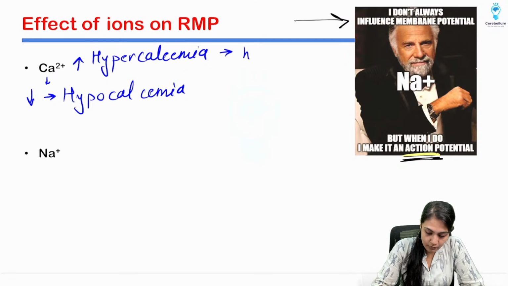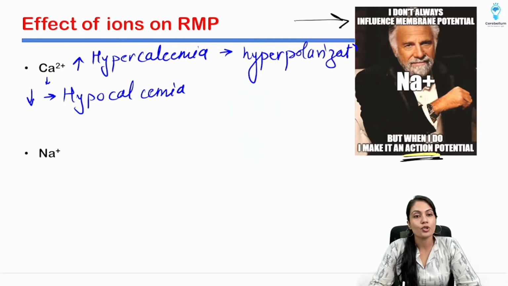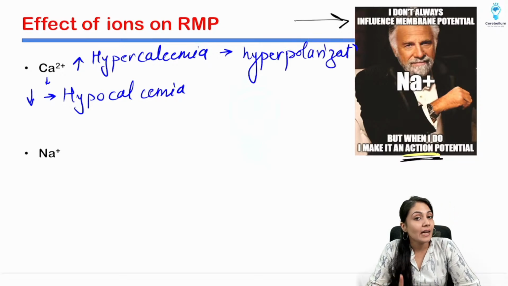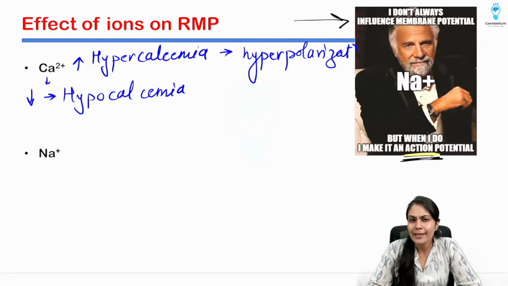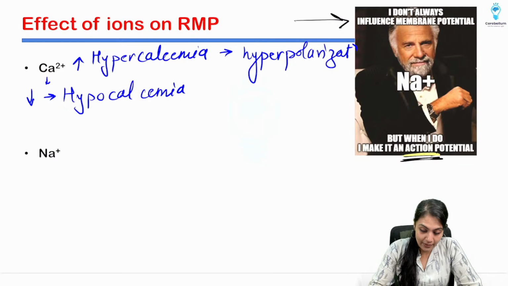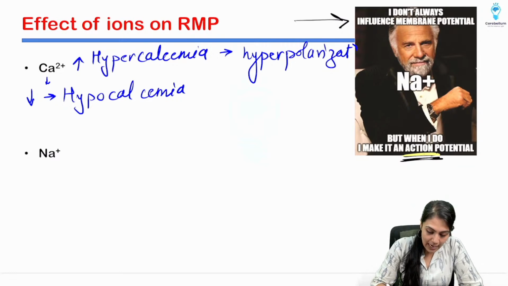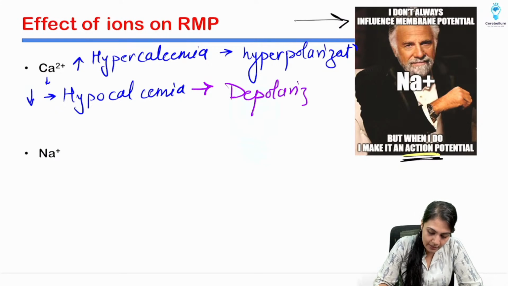So it will lead to hyperpolarization, isn't it? If fewer guards are available, more cations can come inside through the leaky channels at the time of rest, and that's why hypocalcemia will lead to depolarization, because fewer guards are available there.